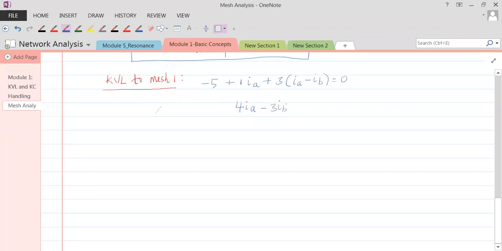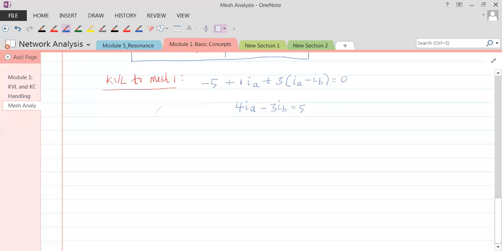Okay, and the voltage is there. Shift this voltage onto the right hand side. They're all voltages, mind you. Minus 5 is a voltage. 1 IA is a voltage. 3 into IA minus IB is a voltage because it is IR, right? So this is the voltage, this is the voltage, this is the voltage. So they're all voltages. So the algebraic sum of all these voltages should give you 0.